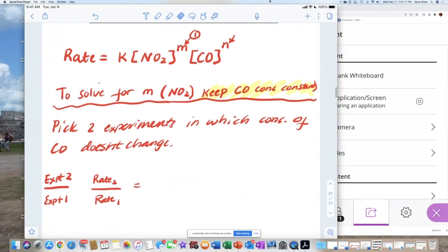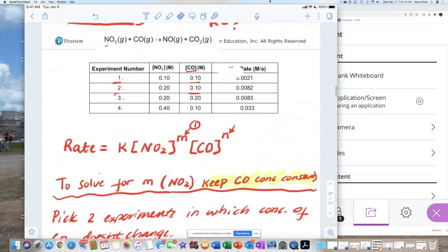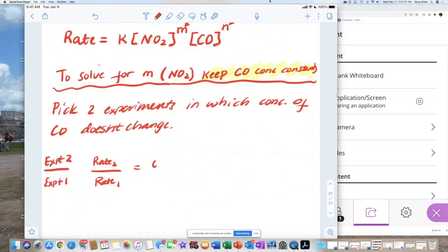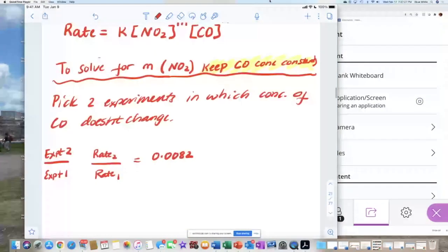What's rate 2? This is the initial rate, the number I need right here. Rate 2 is 0.0082. What are my units? Molar per second.